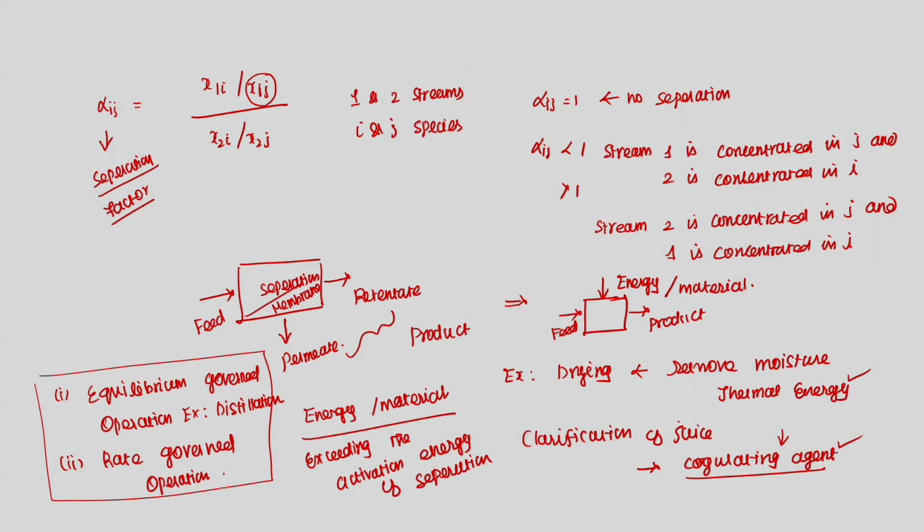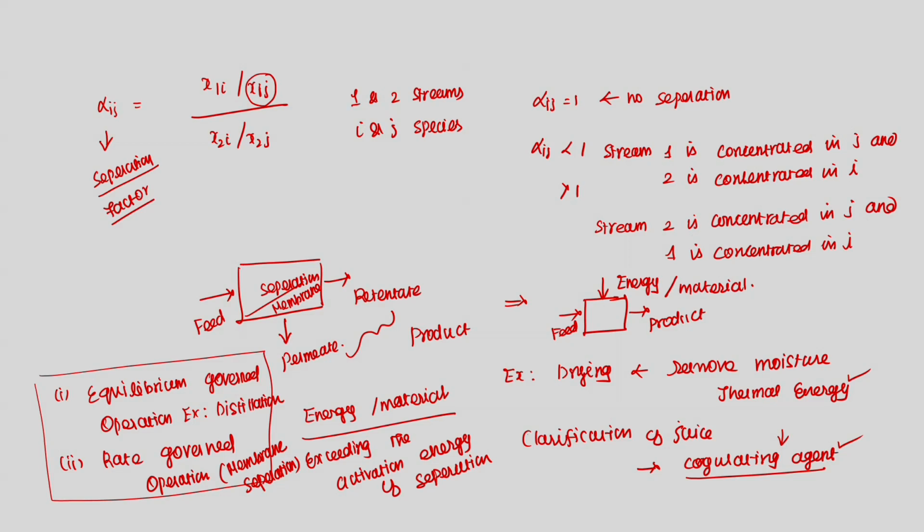The rate governed, or our membrane separation process, is of our interest. Okay. So, this is the basics of what separation is, what the basic principle of separation is, and the major categories, equilibrium governed and rate governed.